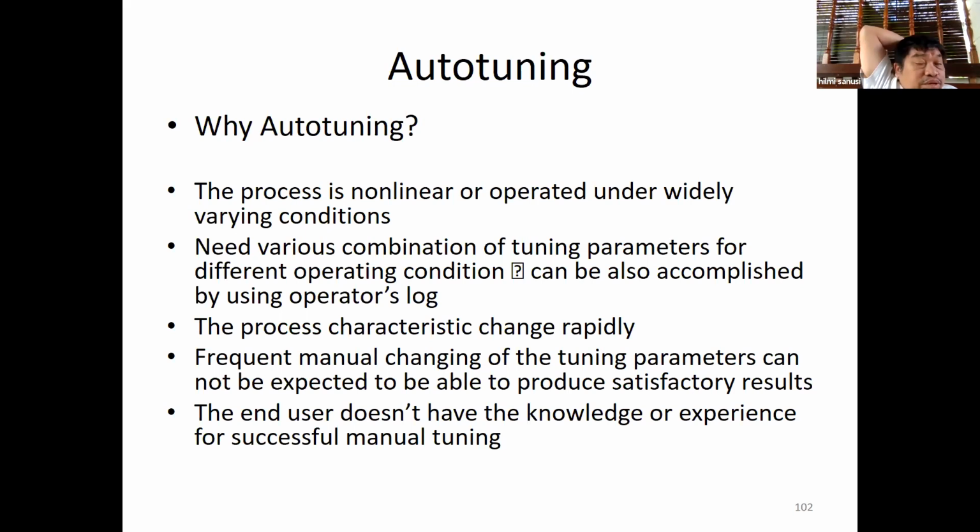So based on this parameter, kita masukkan di dalam jadual. So the process of characteristic will change rapidly. So you have your frequent manual changing and tuning parameter cannot be expected to be able to produce satisfactory result. So the user doesn't have the knowledge of experience for the successful manual tuning.